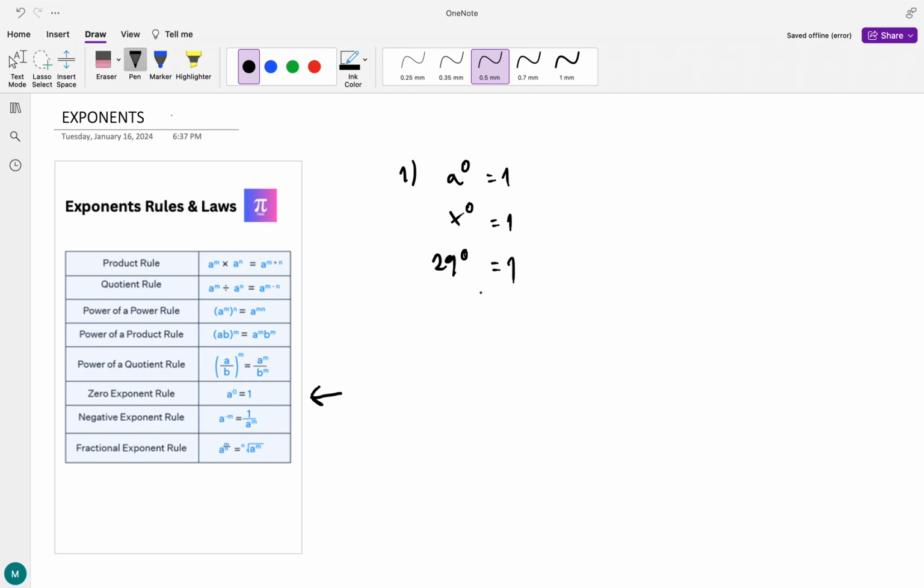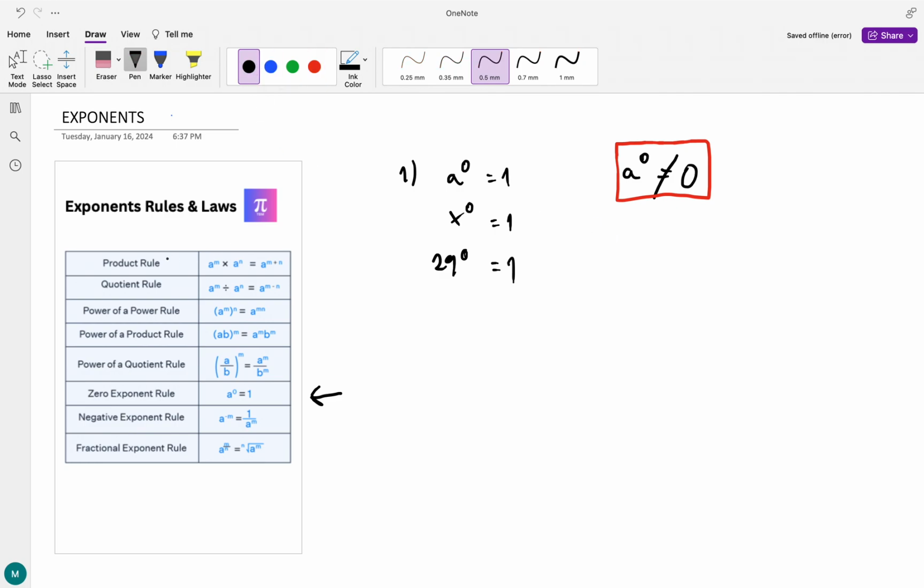So whenever you see a power of 0 or an exponent equal to 0, immediately think that it's 1. Keep in mind, a to the 0 does not equal 0. Okay? Putting things to power and using exponents is not the same as multiplication. So that's the number one rule I want you to remember.